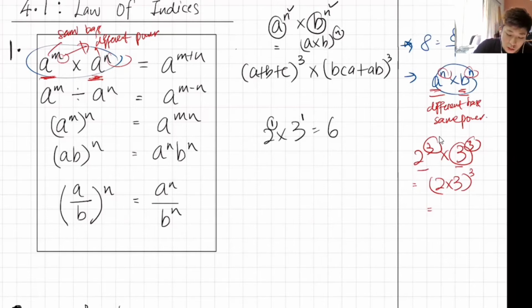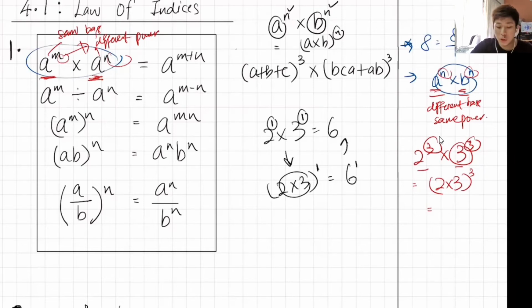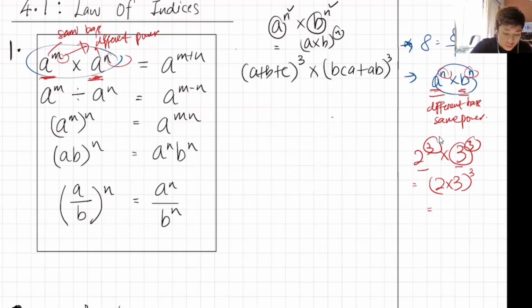That is why, when they are in the same world, you produce 2 times 3 to the power of 1, which equals 6 inside to the power of 1, which is also 6. You get what I mean? So if you want to think about simple things in a harder way for better explanation to yourself, you can think of this.